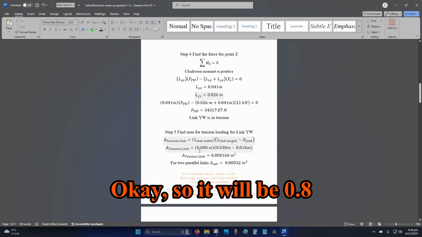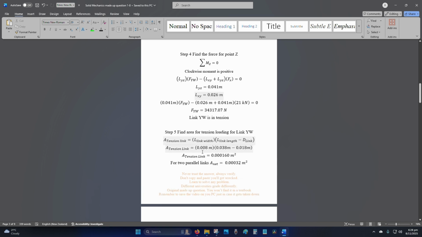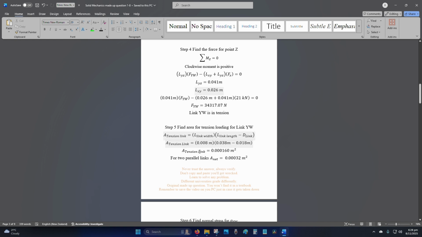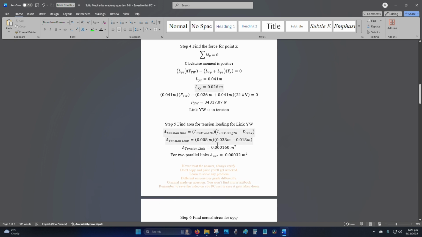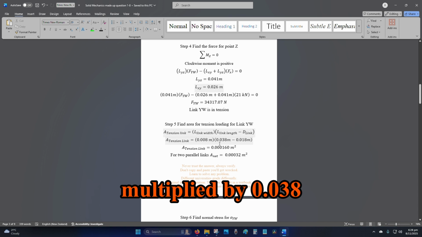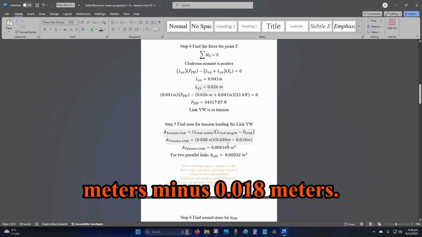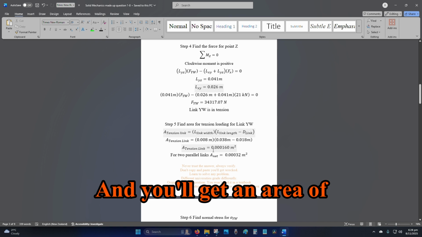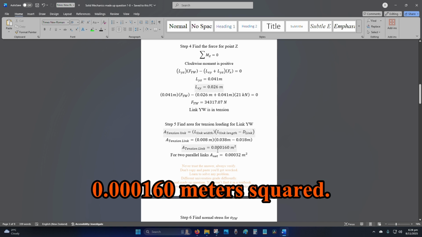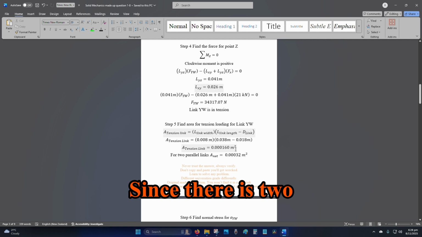So it'll be 0.008 meters multiplied by 0.038 meters minus 0.018 meters, and you'll get an area of 0.000160 meters squared.